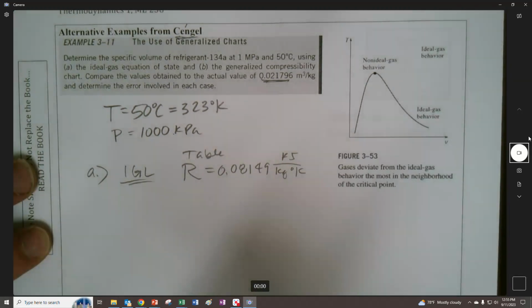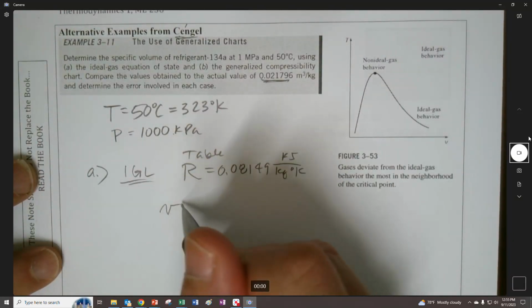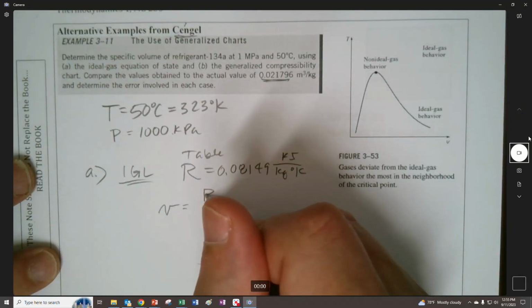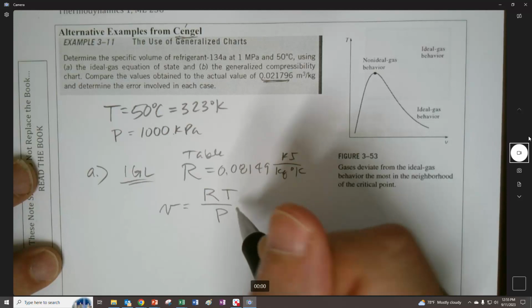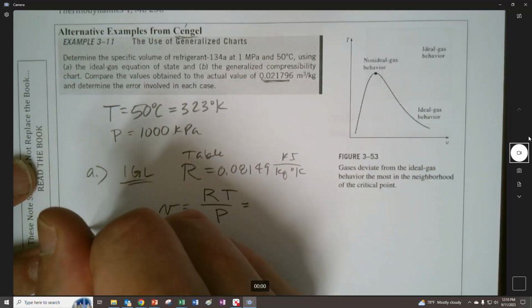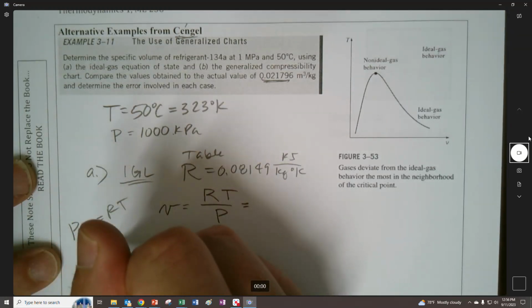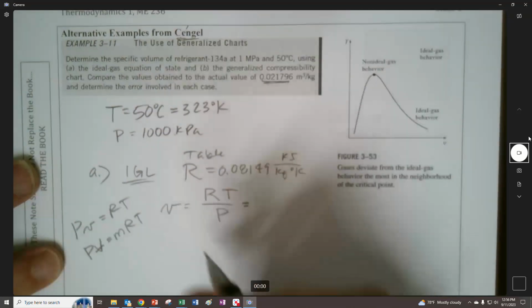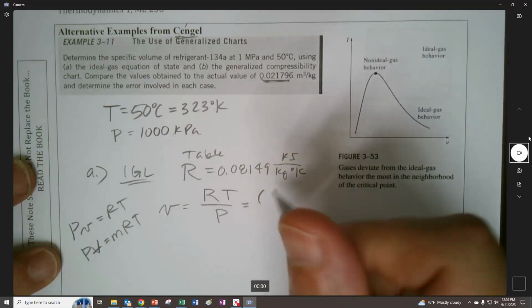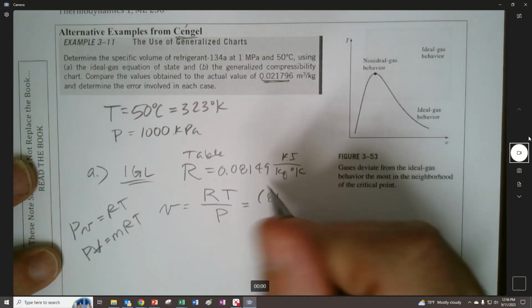So the specific volume is going to be RT over P, right? We're okay writing that because we did know that PV is equal to RT, or PV is equal to mRT. Either way, at this point we could probably write that. For R, I'm going to turn this into Newton meters, so I'm going to multiply this by 1,000.